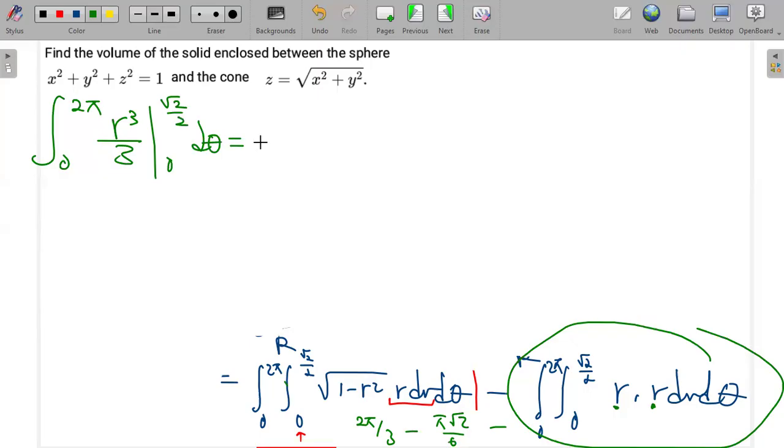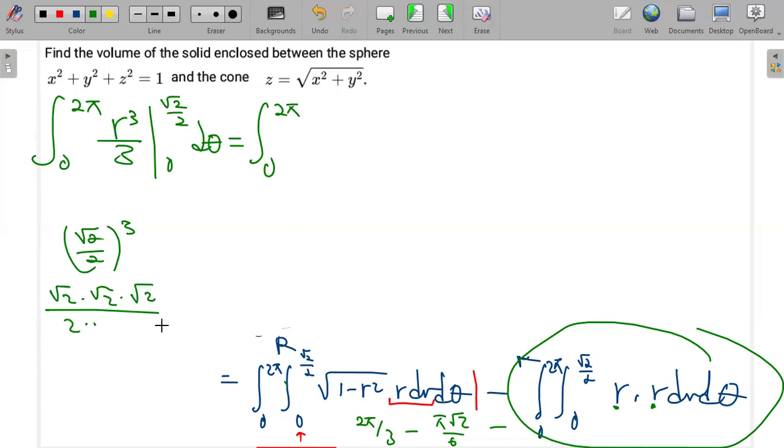So this will give me what? Okay, let's substitute. So it will be 0 to 2 pi. If I put this root of 2 over 2 to the power 3, what do I get? So it will be root of 2 multiplied by root of 2 multiplied by root of 2 on top, and then down it will be 2 multiplied by 2 multiplied by 2. So down there, I get 8.